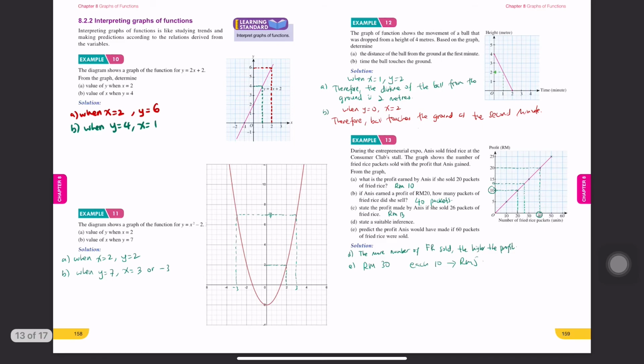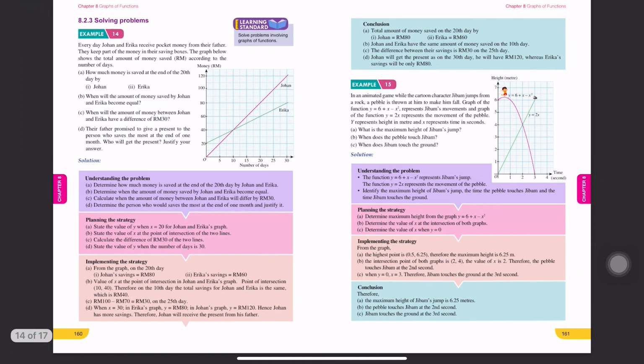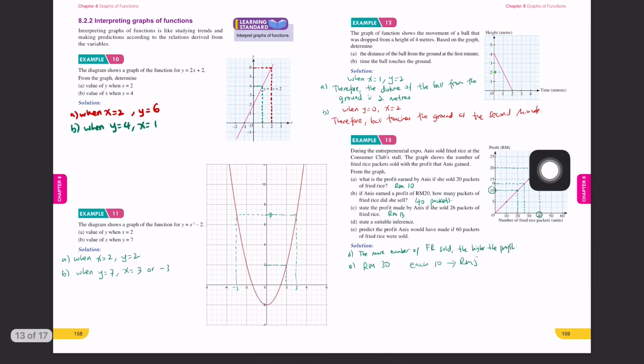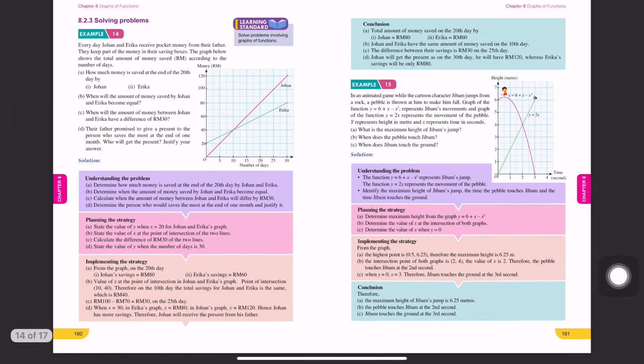Wait, 8.2.3 solving problems. Actually solving problems is the same as interpreting information from this graph. So for 8.2.3, you can read this first. Try to understand. If you have any problem, you can comment down below, or for my students, you can just ask in our group.